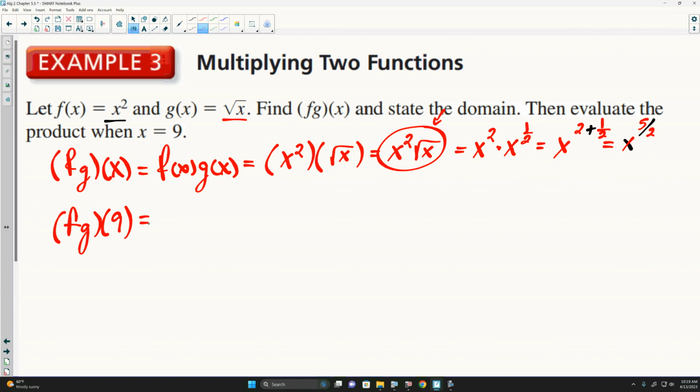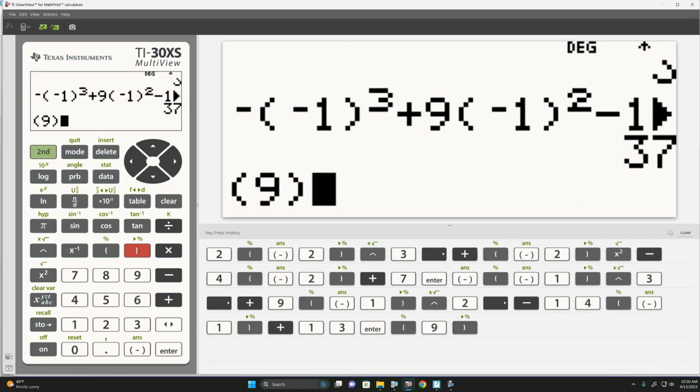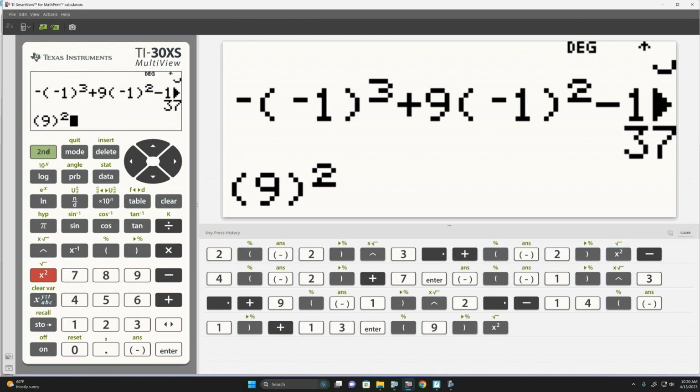Now we also need to evaluate it when x is 9. So replacing each x with 9, we have 9 squared times square root of 9. Can we take the square root of 9 nicely? Yeah. So we can put it in the calculator, and really we could put it in either calculator.